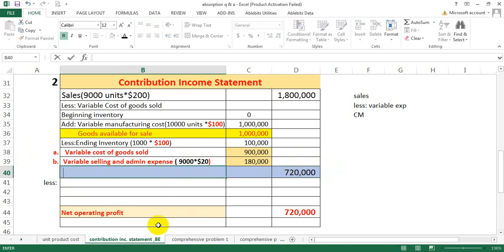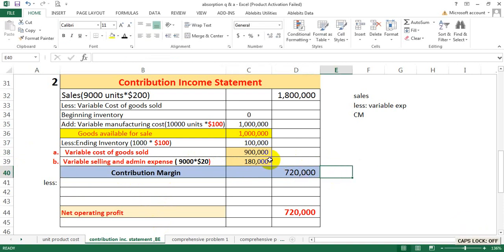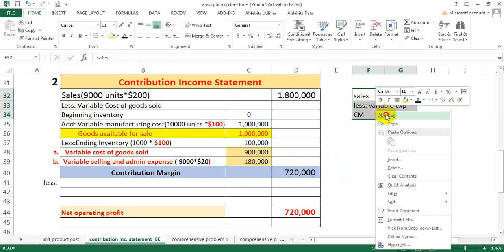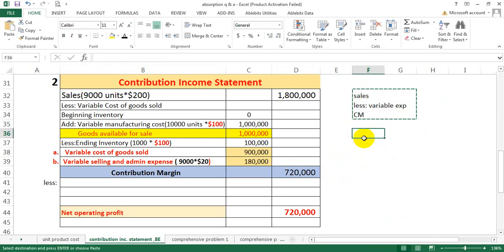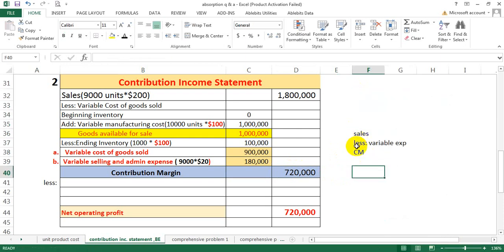Okay, this is my contribution margin, right? How did I calculate this? I put the formula there. How did I get my contribution margin? See, look here. Sales less variable expenses, right?